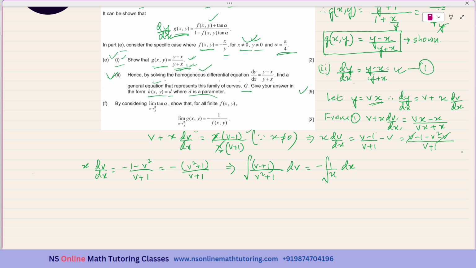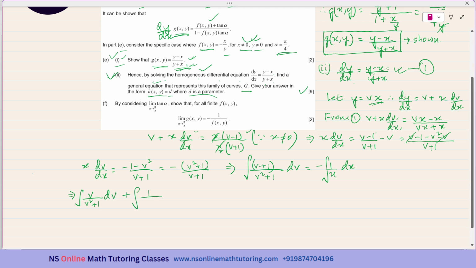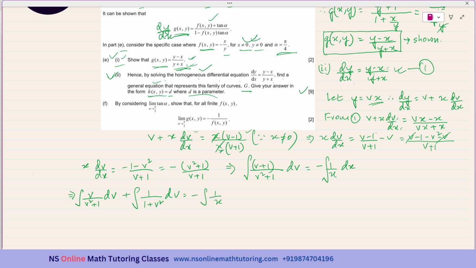So for this I can separate these two. Integral v over v square plus 1 dv plus integral of 1 over 1 plus v square dv equal to negative 1 over x dx integral.